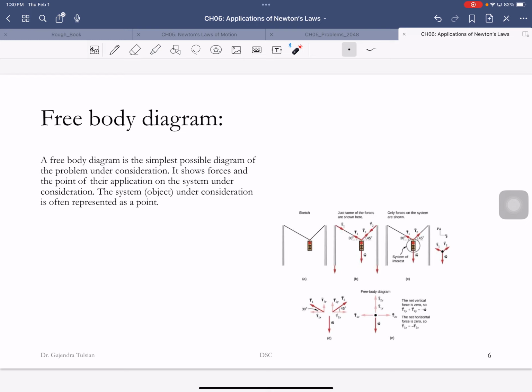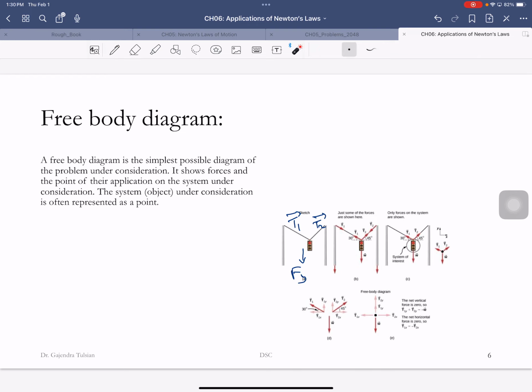Well, what are the forces acting on this guy? Here's, let's say, tension 1, well, we'll say force 1. That's a ring, that's one rope, and that's another rope. So that's T1, T2, and the weight of this object, or we'll write it as force due to gravity.